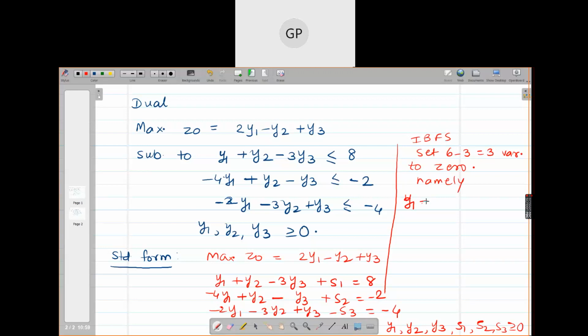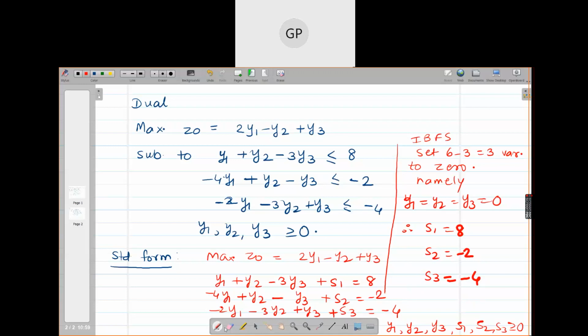Therefore, you get S1 is equal to 8, S2 is equal to minus 2, and S3 is equal to minus 4. So actually your S2 and S3 are not positive, right? Do you observe this? Yes, ma'am. But still we have to continue with the table in this case, okay? They are slack and they don't affect your objective value. Your objective function value is going to be 0.